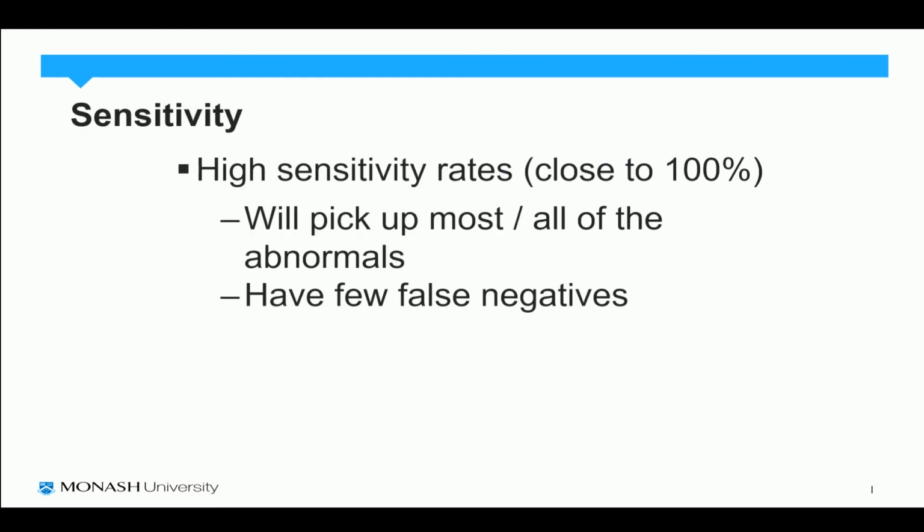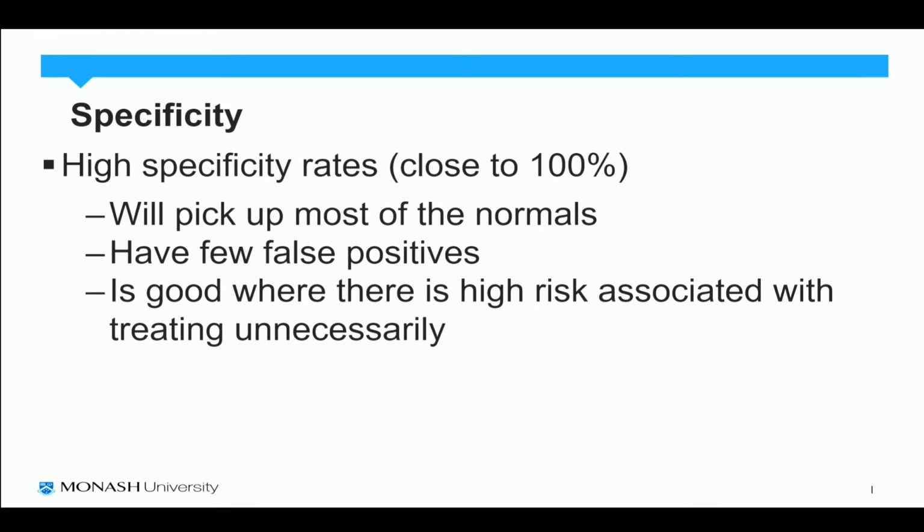So in terms of sensitivity, you need to keep your sensitivity rate as close to 100%, which will mean that you are able to pick up all or most of the abnormals and have very few false negatives. For the specificity, once again, it should be kept close to 100%, and that means that you are able to pick up most or all of the normals and have very few false positives.